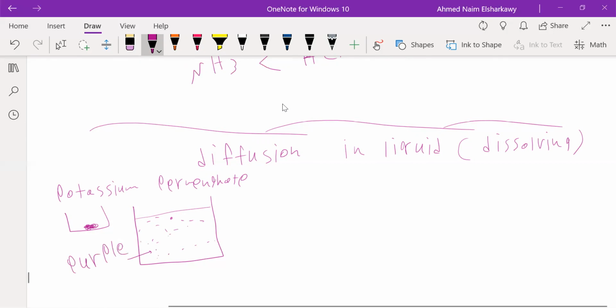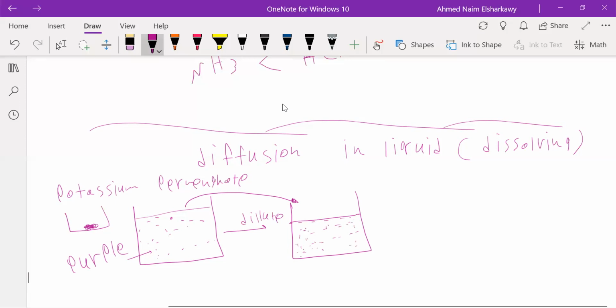What will happen if we take a drop from here and put it in another beaker that is filled with water? This is water, and I put here a drop from the solution. Although it will be diluted, it will also be colored. The color will change here.